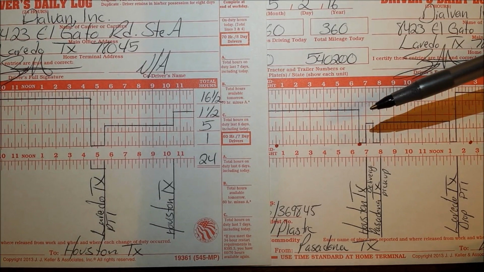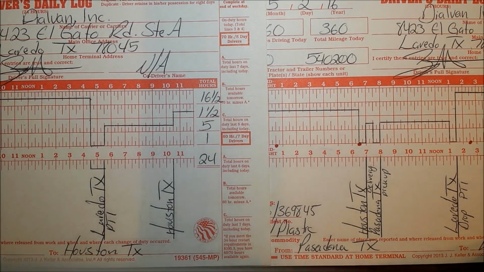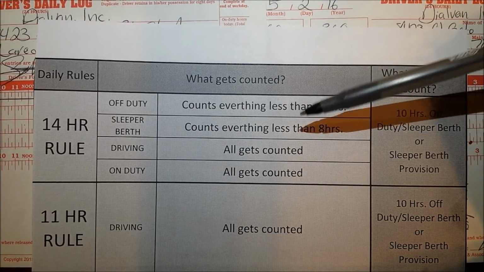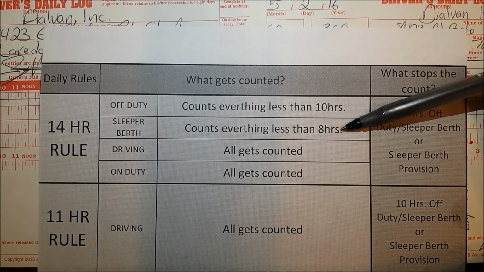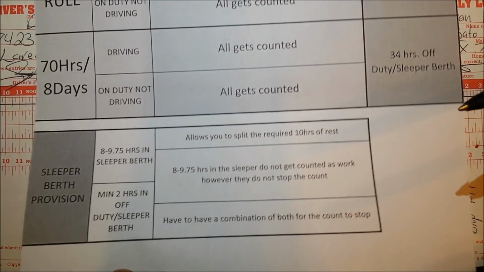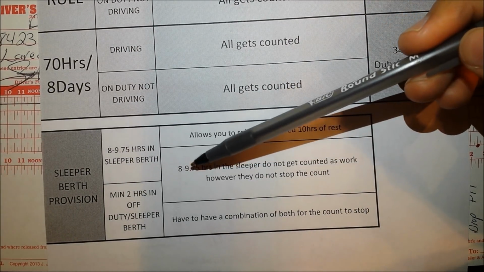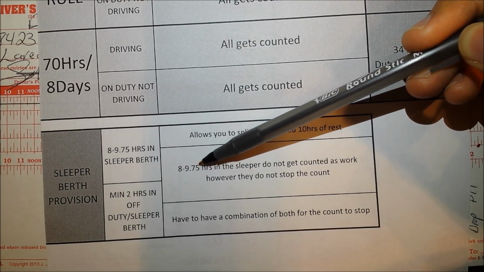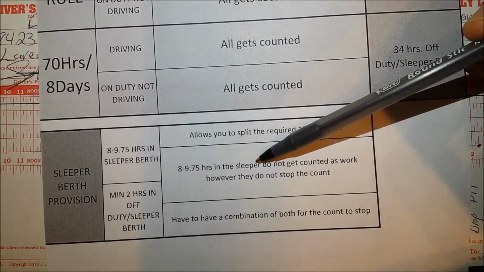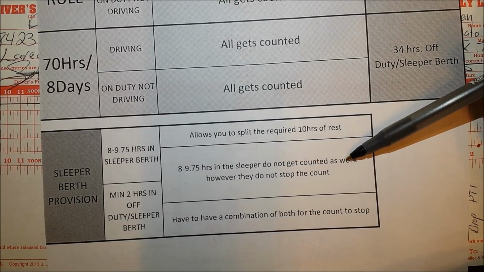Now, back to the chart. Everything that's less than 8 hours in the log is counted to the 14-hour rule as work. But the sleeper berth provisional says that everything that's from 8 hours to 9 hours and 45 minutes in the sleeper does not get counted as work.